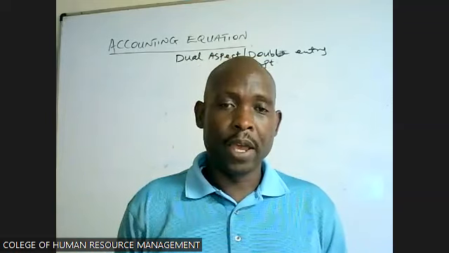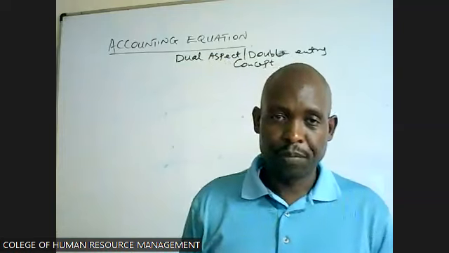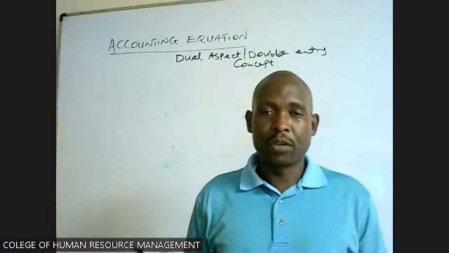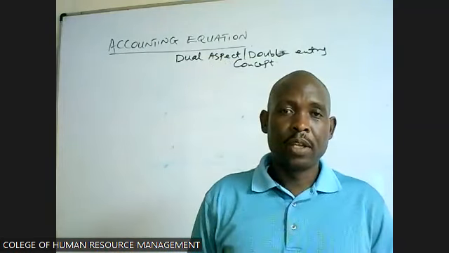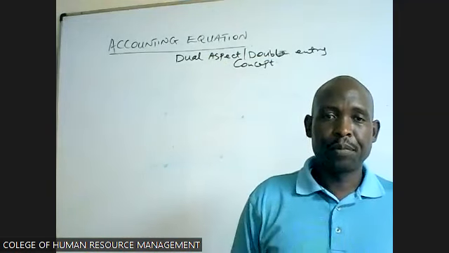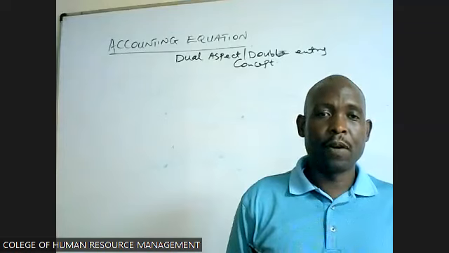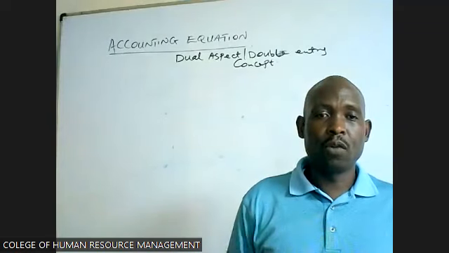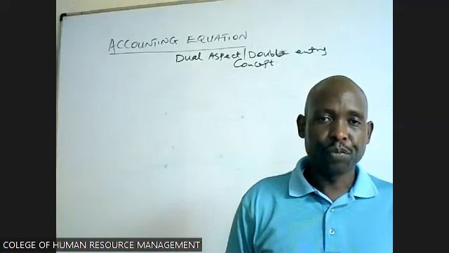So, in a nutshell, the dual aspect or double entry concept is considered to be the life and blood of accounting. It lays a very firm foundation on how accounting transactions are going to be posted, even in the other books.